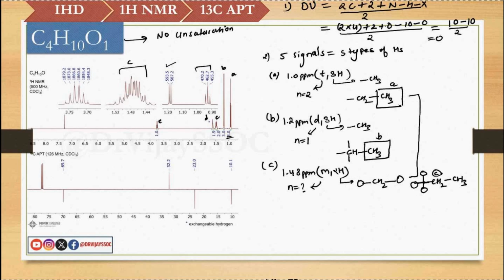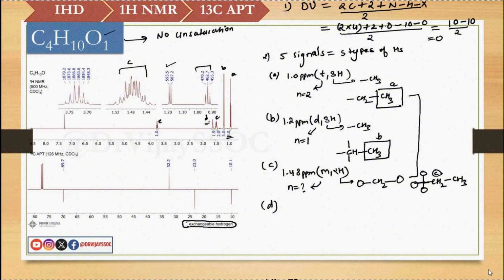Now look at the signal D. If you see, there is an asterisk mark which is saying that this is an exchangeable hydrogen, which means that this corresponds to a hydroxy group, because we have one oxygen in the molecular formula.